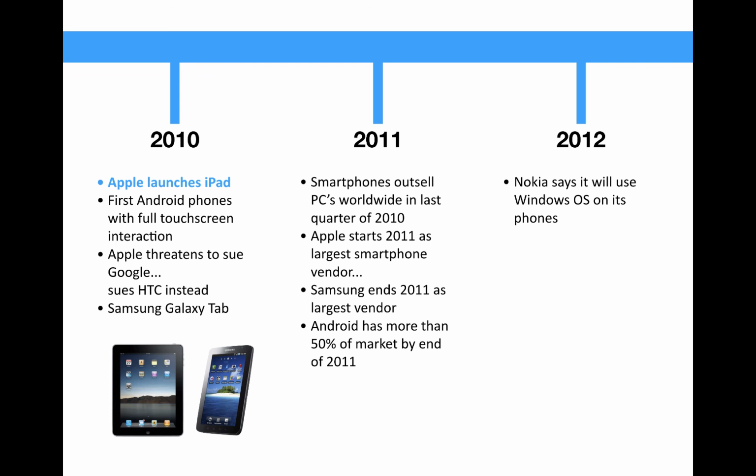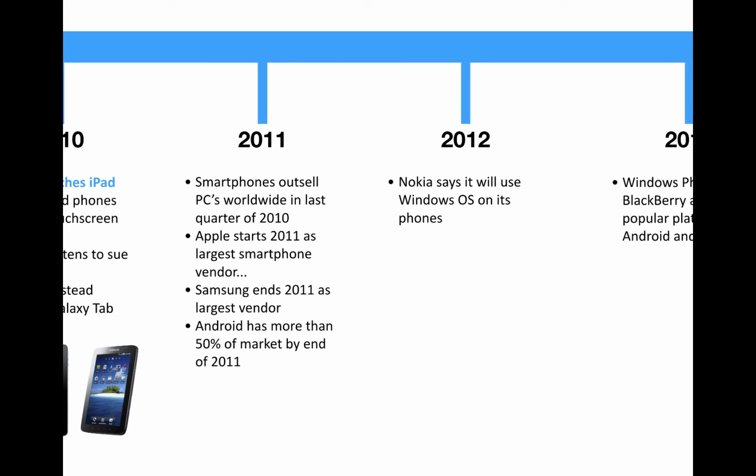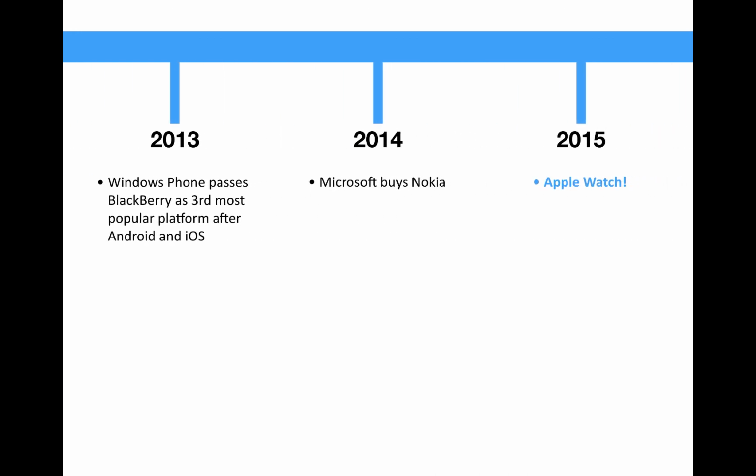In 2012, Nokia says it will use Windows on its phones. And indeed, in 2013, Windows Phone passes BlackBerry as the third most popular platform after Android and iOS.